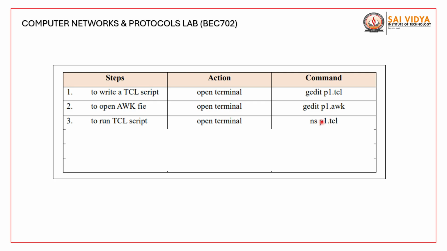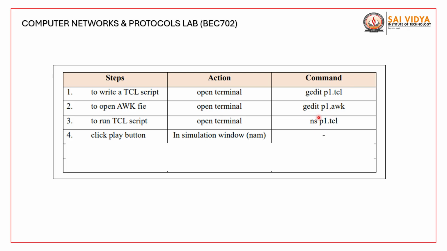So in order to analyze the trace file, again in terminal, you have to open an AWK file, gedit p1.awk. Now we can use the trace file content in order to analyze with the help of AWK file. So what is the command in order to analyze?